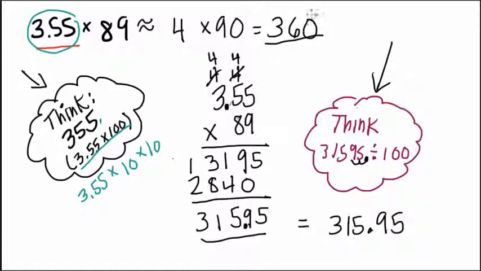Estimating up here makes you think, wait a second, if I don't have my decimal, all of a sudden I have 31,595. But wait, when I estimated, I got 360. So it's making you use your brain and think, is this answer correct? Did I put the decimal in the right place? And that's what you want to ask when you do math. You want to ask questions to make sure that everything makes sense.